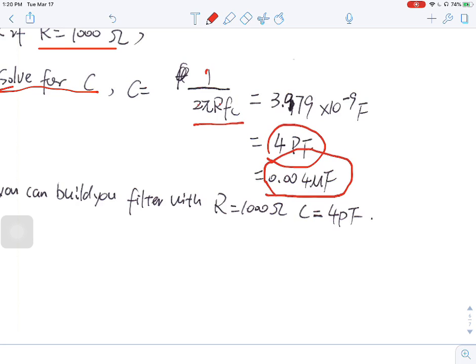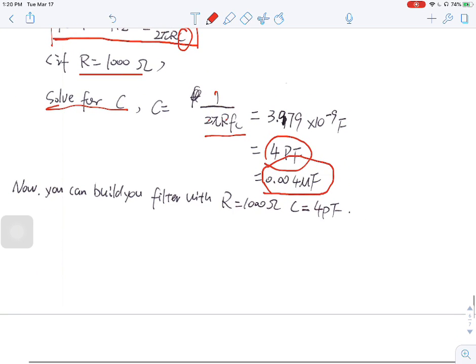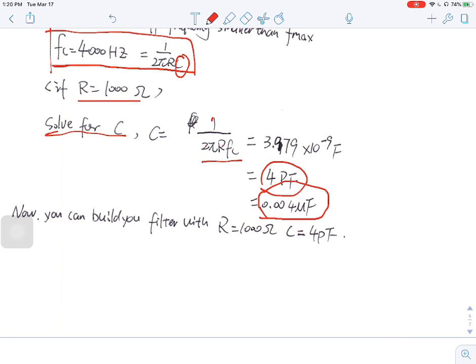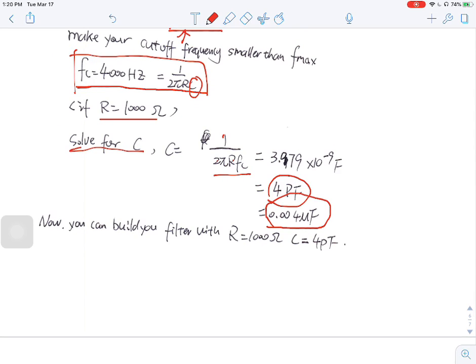There you go. If you have a resistor that is 1 kilo ohm and a 4 picofarad capacitor, you are able to build a low pass filter to filter out all the frequencies greater than 5,000 hertz.